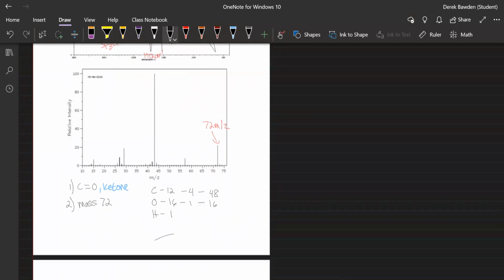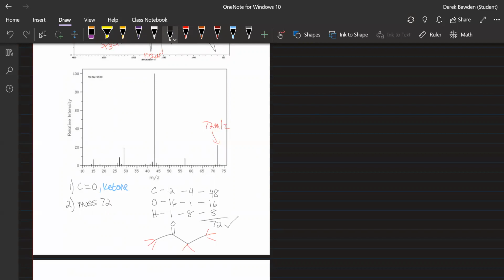So let's draw our carbon chain with 4 carbons. We'll draw our ketone. How many hydrogens are here? We've got 3, 5, 8. We've got 8 hydrogens. 48 plus 16 is what again? 64 plus 8 is 72.